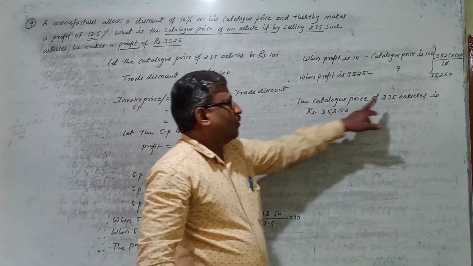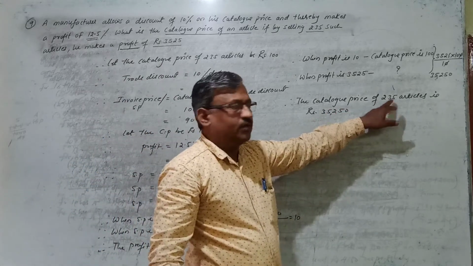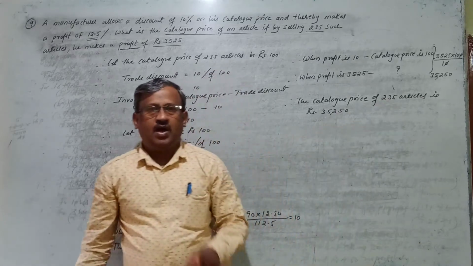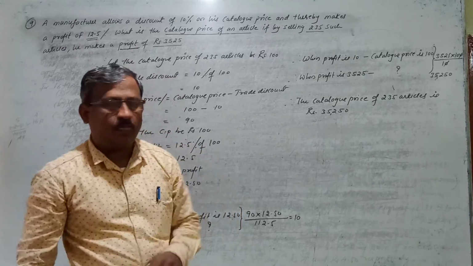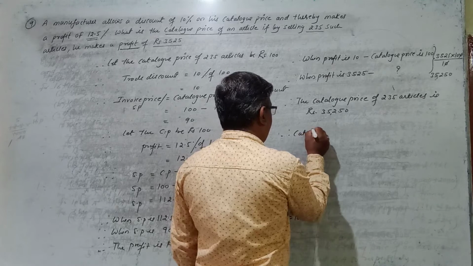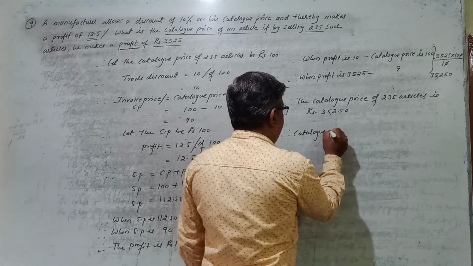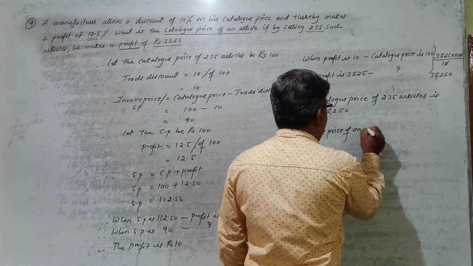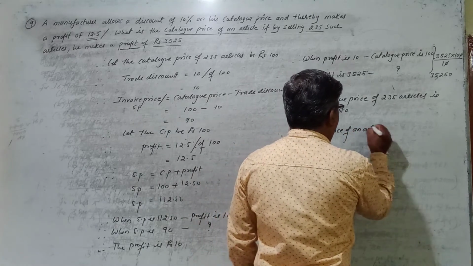Now this is the catalog price of how many articles? 235 articles. So to this catalog price, if you divide by 235 articles, so we have to get the catalog price of one article. So now we calculate the catalog price of an article.